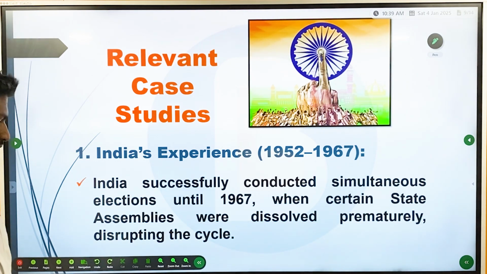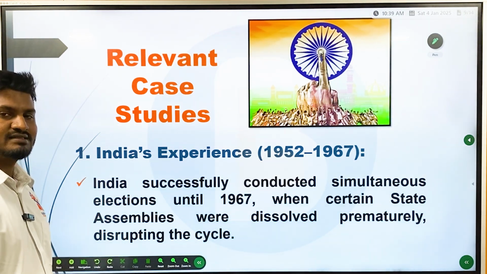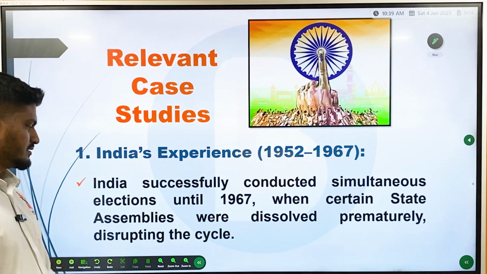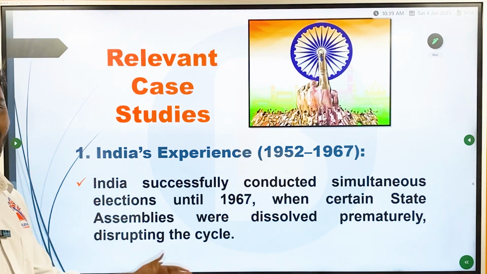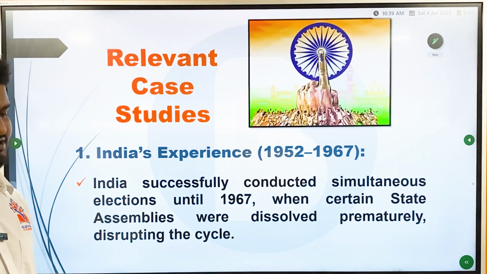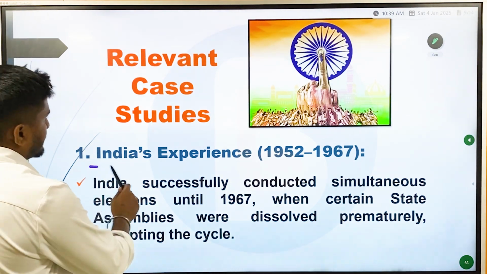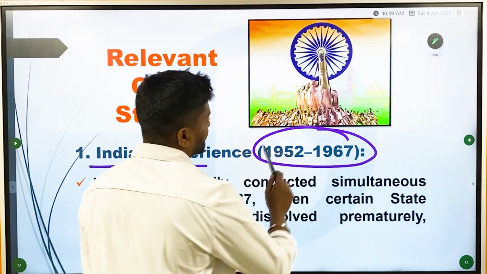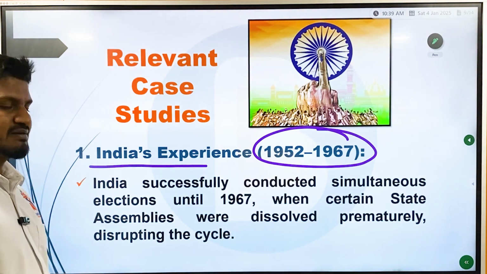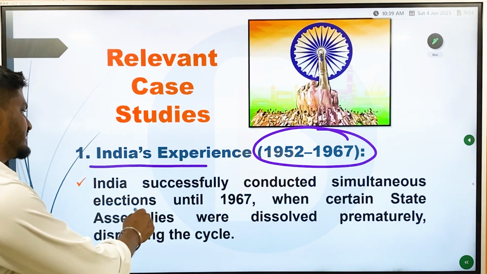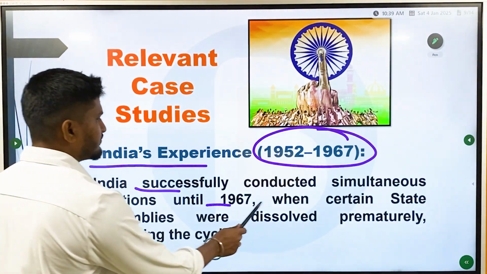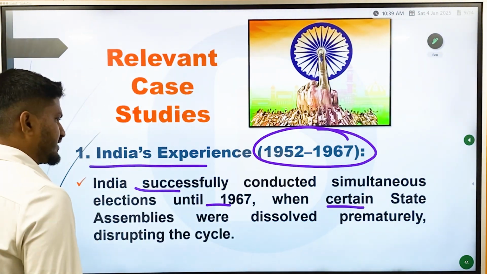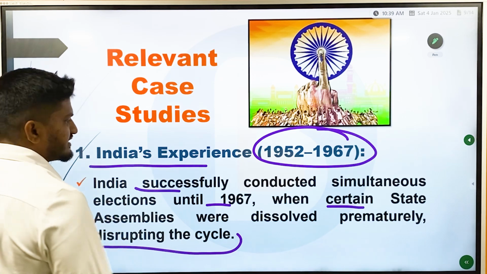So if these are the issues, the challenges and the advantages, we'll see certain examples of one nation one election from various countries as well as India's past experience. From 1952 to 1967, there were simultaneous elections in India. That is, India successfully conducted simultaneous elections until 1967, when certain state assemblies were dissolved prematurely, disrupting the cycle.